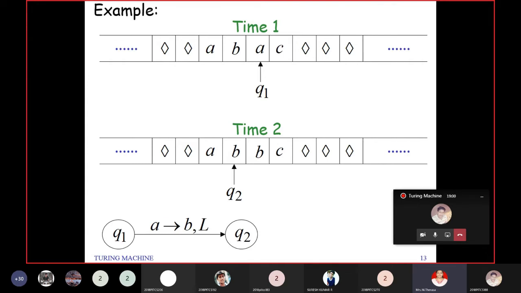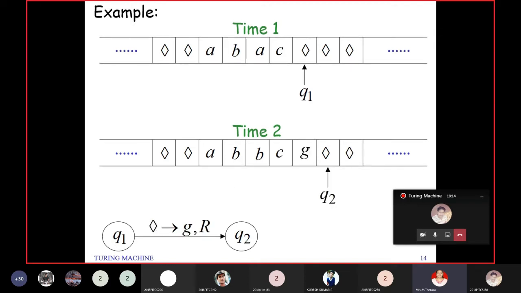And then A is supposed to be rewritten as B and the tape head should be moved left side. So left side symbol is B and the state is transited to Q2. Clear?